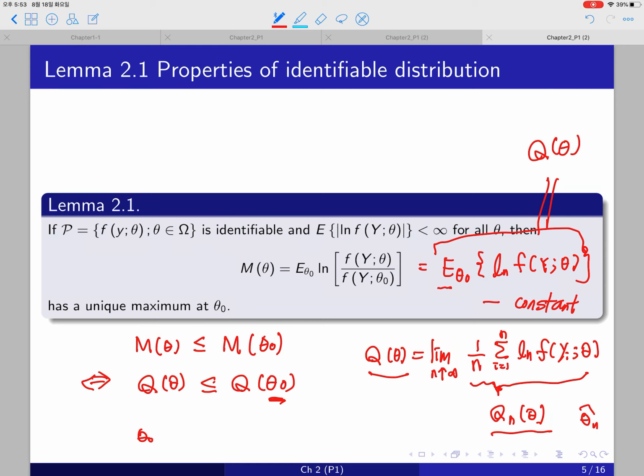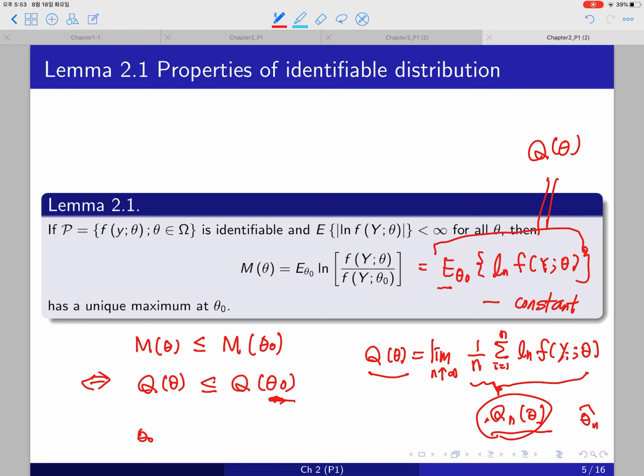So maximizing this makes sense, at least with a large sample size, because in the end, the maximizer is equivalent to theta null. There's a tricky part, because Q_n is a random variable, so there's an issue of how to take care of the uncertainty.